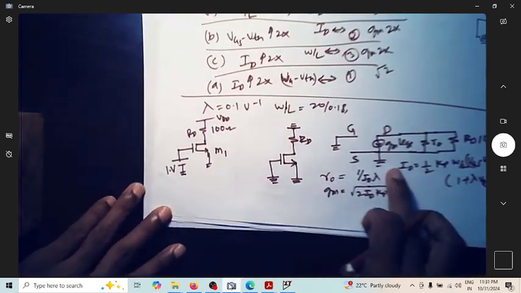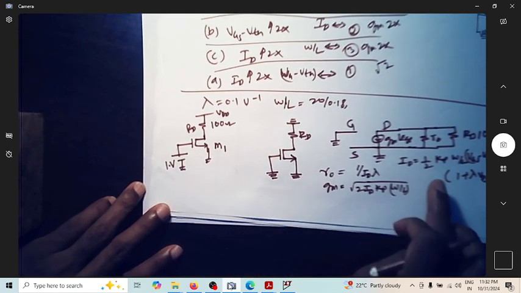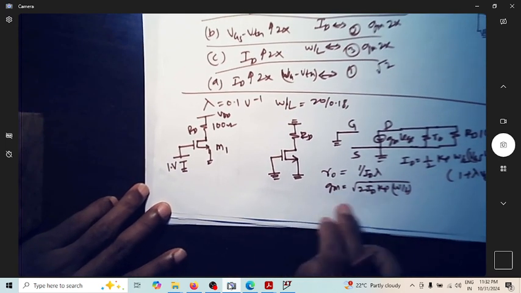So let me write this equation again here and find the value of ID, and then find R0 and gm.